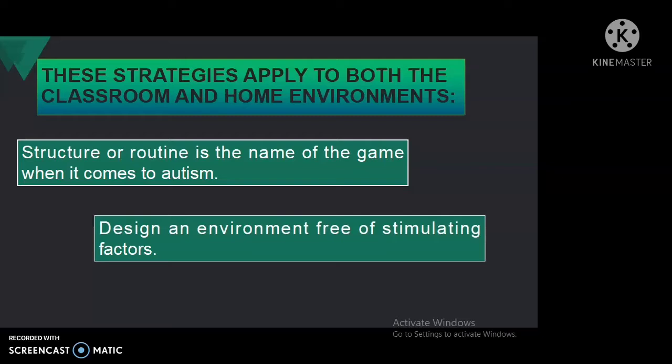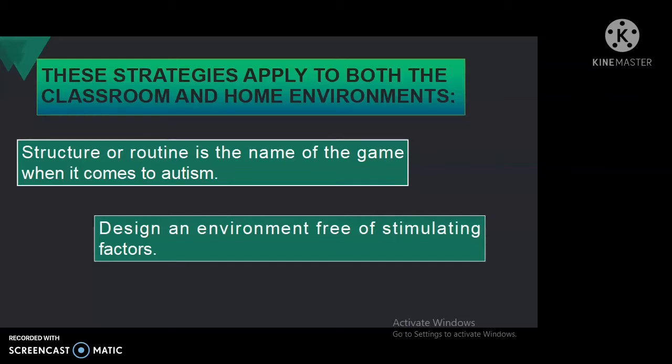Second, design an environment free of stimulating factors, like avoid playing loud background music. Eliminate stress because autistic children quickly pick up on negative emotions. Maintain a low and clear voice when engaging the class.